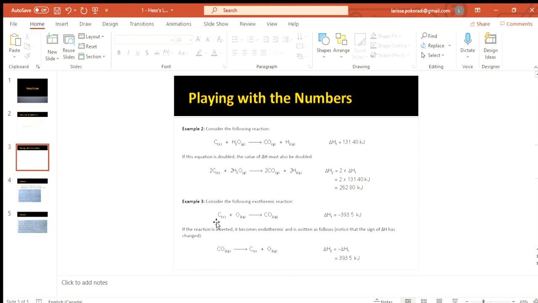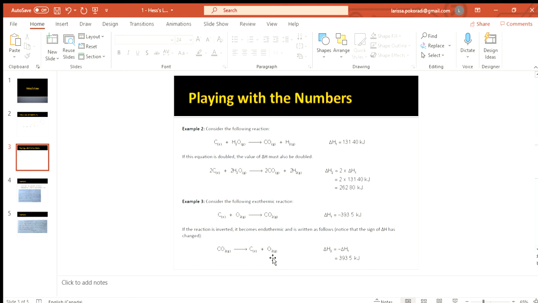We might also have a reaction, but we want it to be in reverse. Maybe we see it on our appendix page: carbon plus oxygen going to carbon dioxide with an enthalpy number. But what we really need to add into our reaction is the opposite of this, carbon dioxide becoming carbon and oxygen gas.